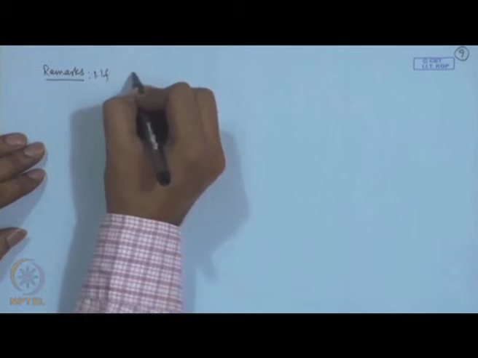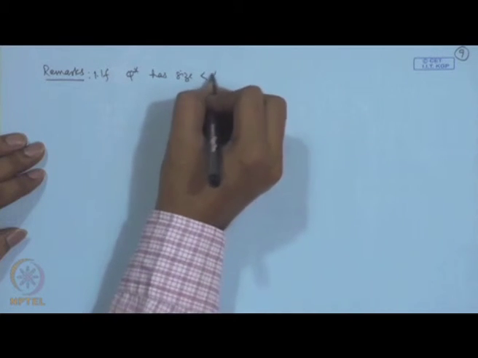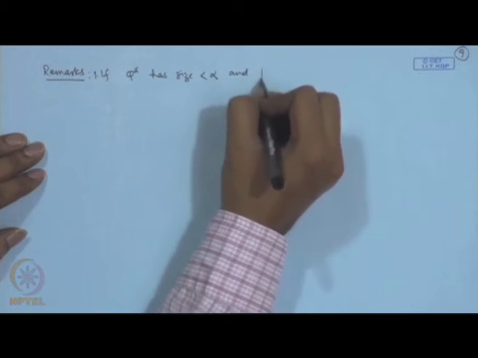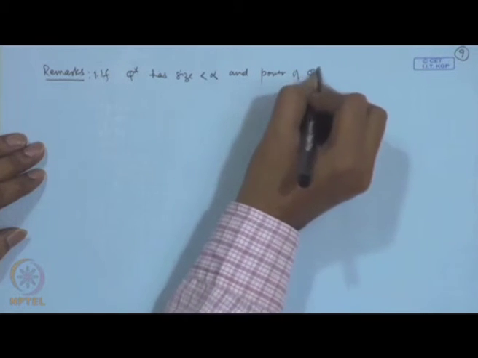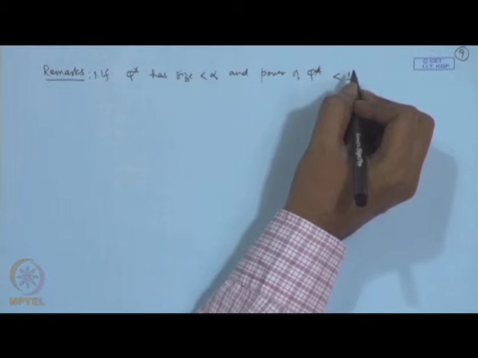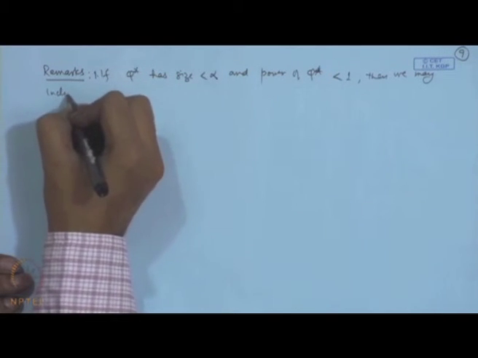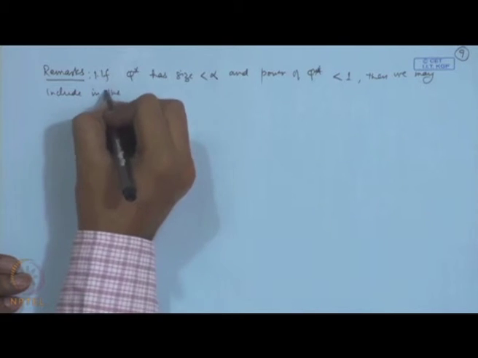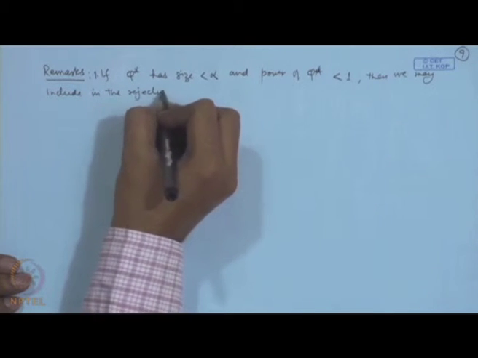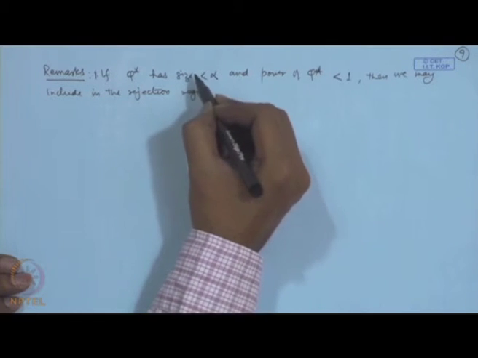If phi star has size less than alpha and the power of phi star is, say, less than 1, then we may include additional points in the rejection region. See, power and the size both are related to the probability of the rejection region.